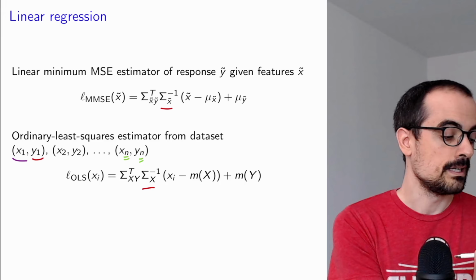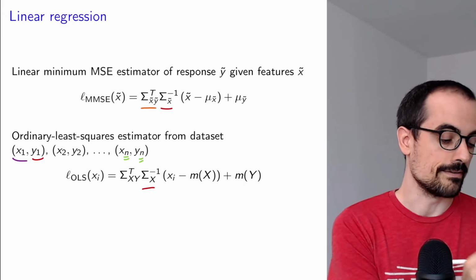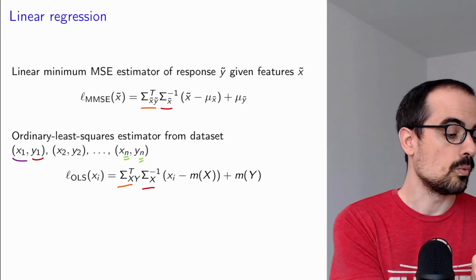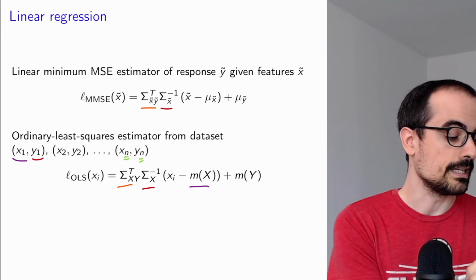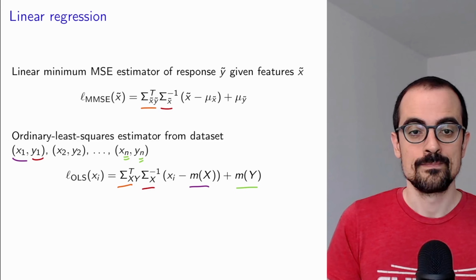We replace the cross covariance between the features and the response by the sample cross covariance computed from the data. And then what we use to center is the sample mean of the features, and at the end we add back the sample mean of the response.